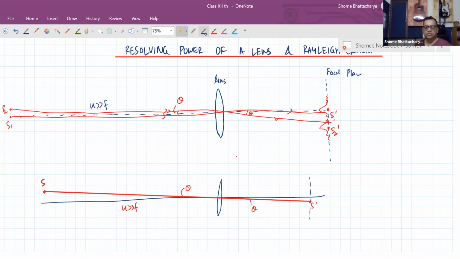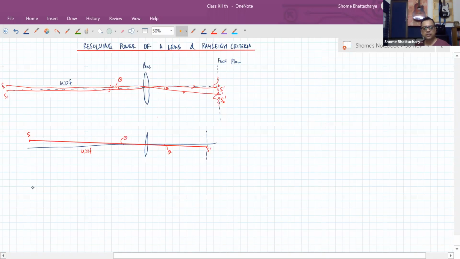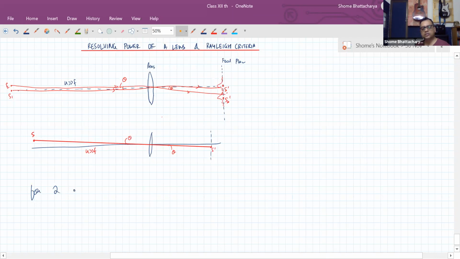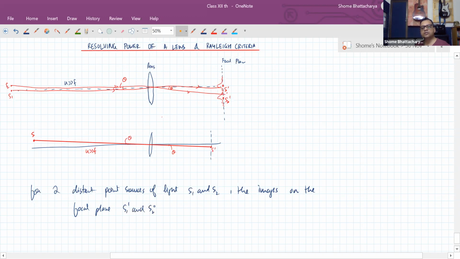Okay. So what happens is that for two distant point sources of light, S1 and S2, the images on the focal plane, S1 prime and S2 prime, actually contain the diffraction rings.